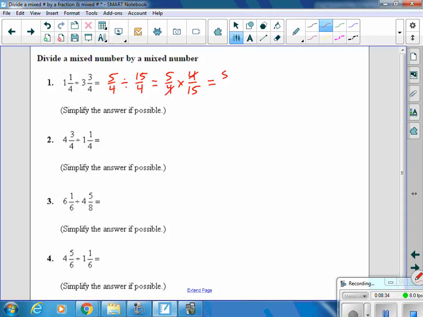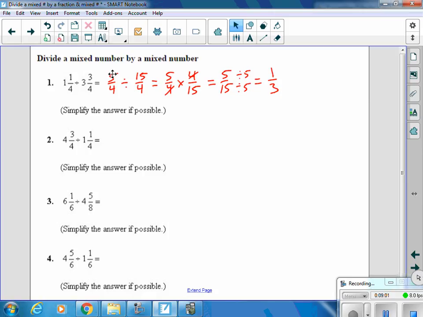So what I'm left with here is 5 over 15. And what I know about 5 over 15 is that because they both end in a 5, I can divide both of these by 5. 5 divided by 5 is 1, 15 divided by 5 is 3, and there's our final answer. Okay?